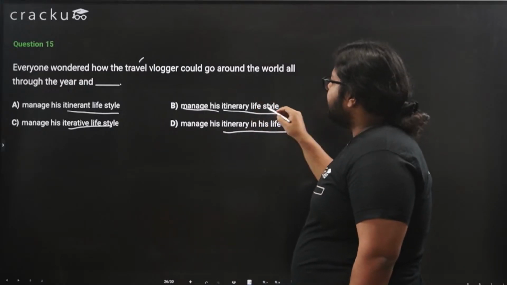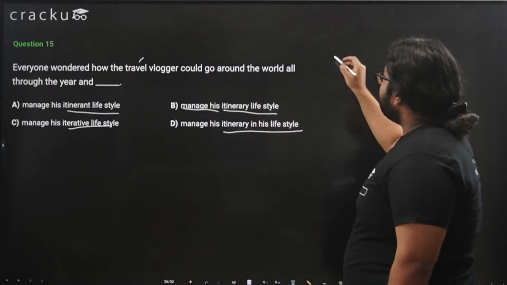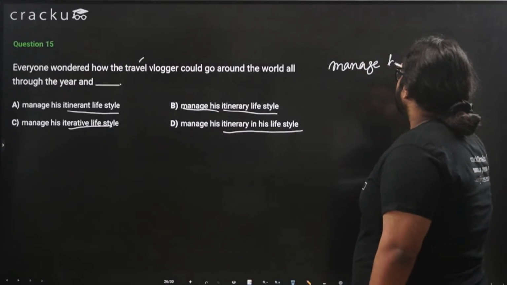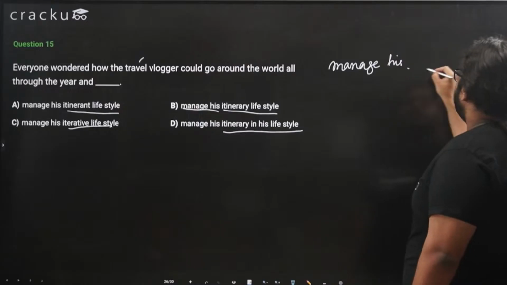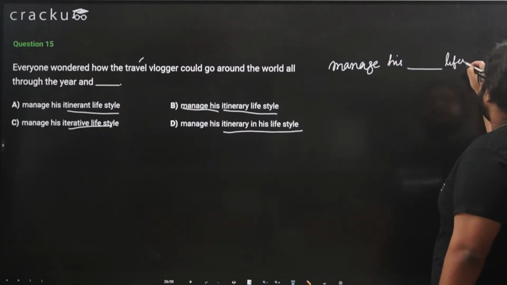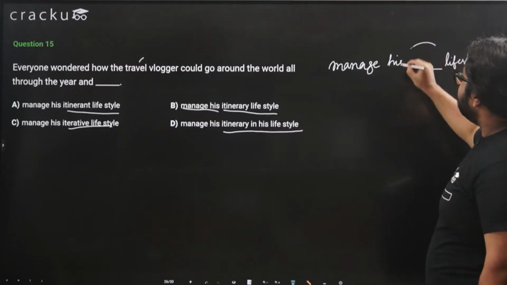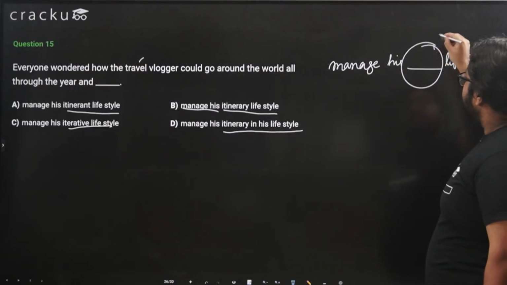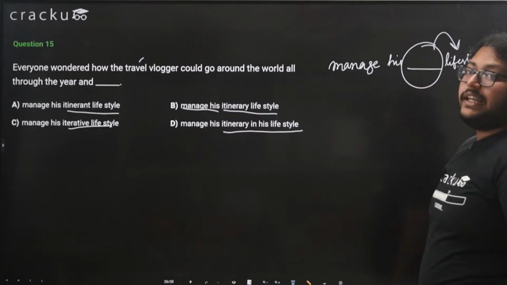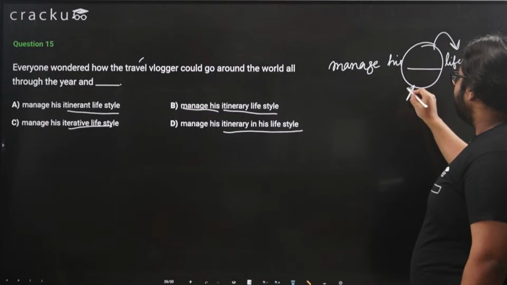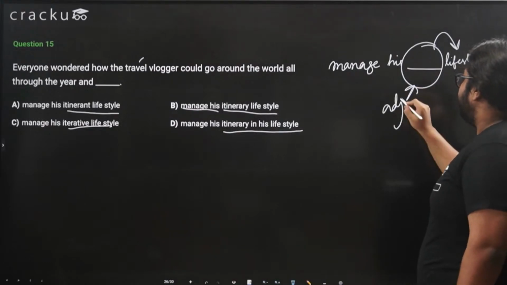Manage, the thing is, what is the construct? The construct is manage his blank lifestyle. Now whatever this word is, this should be qualifying or giving us details about the lifestyle. So what we want here is clearly an adjective.